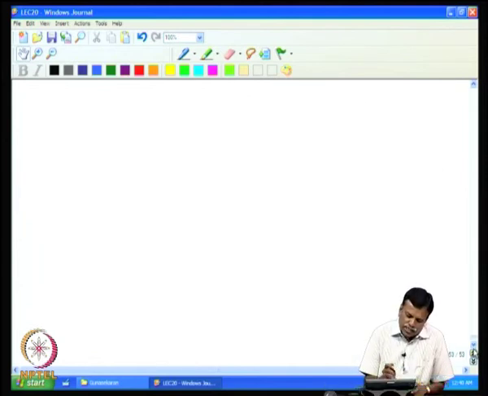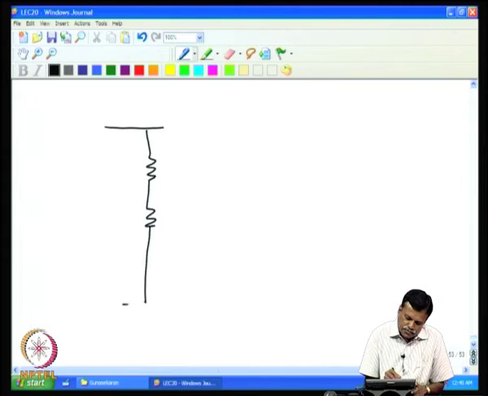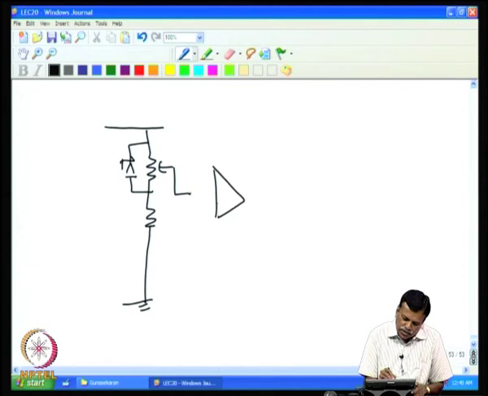Now, one can get the 0 adjustment by adding another operational amplifier. For example, I can have one more potentiometer. Of course, if you want, I can also add another zener to this, and this is supposed to be connected through the voltage follower.